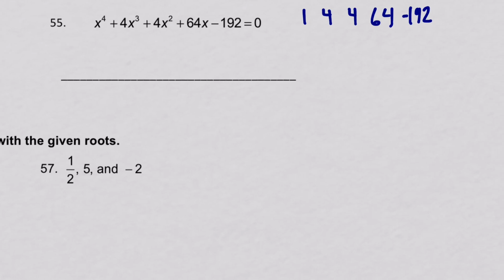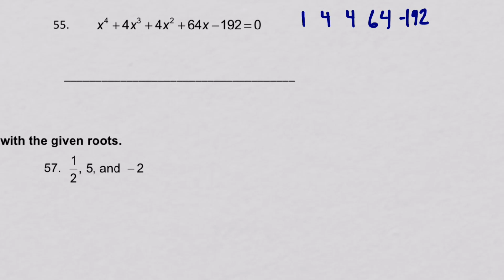Well, running out of space there. Okay, and then I'm going to test out a bunch of different numbers. So I look at 192 and I really just have to come up with all the factors of 192. What goes into 192? Okay, so I got to come up with all of them. And it turns out that the factors are, okay, here we go. There's going to be a lot.